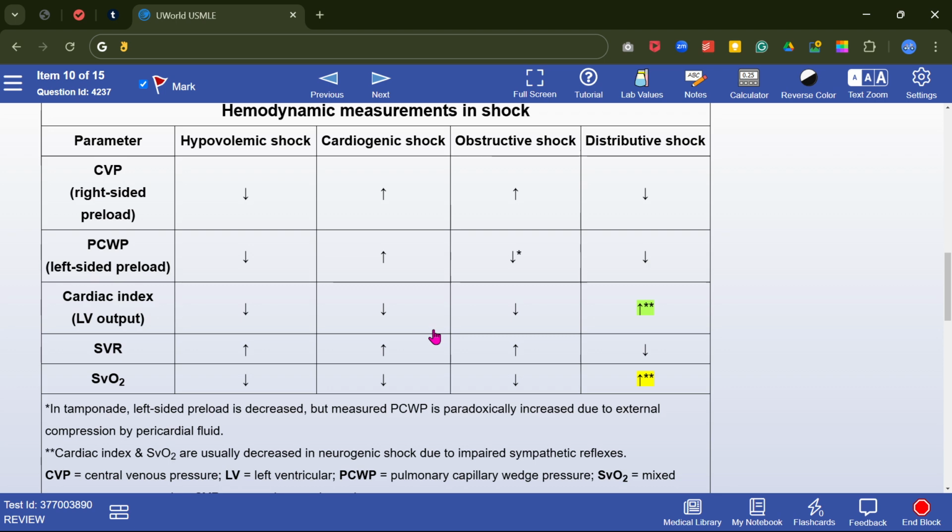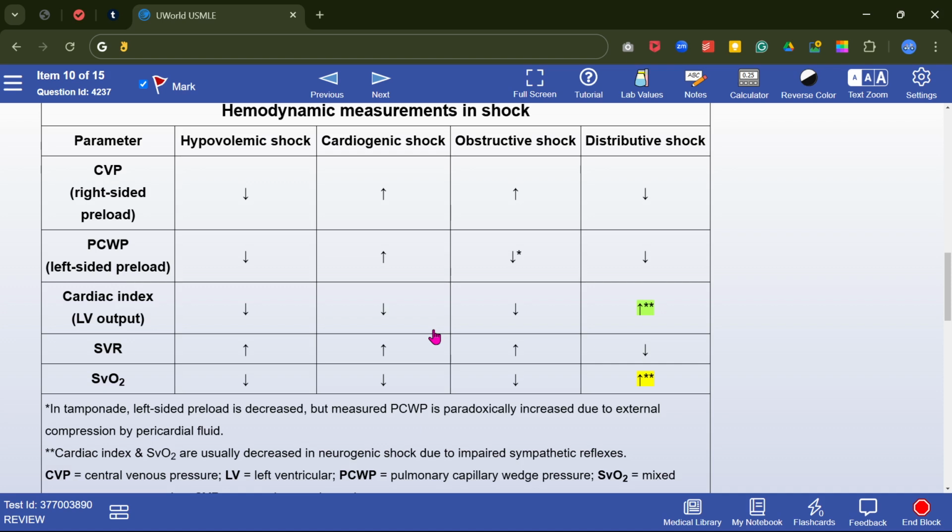So in hypovolemic shock, right-sided preload low, left-sided preload low, cardiac index low, SVR high, and mixed venous oxygen saturation is low.